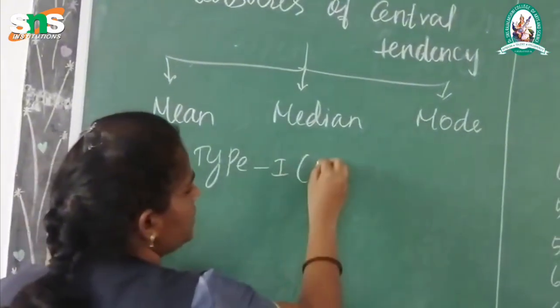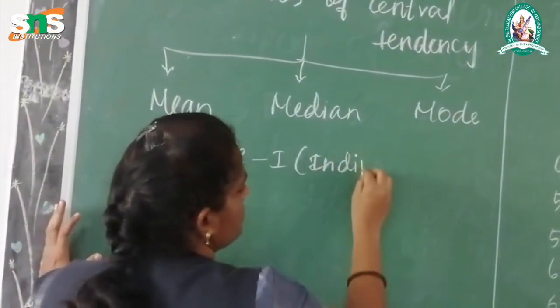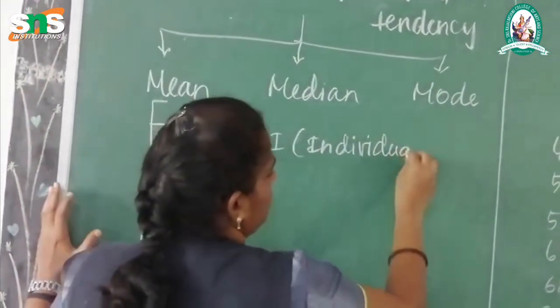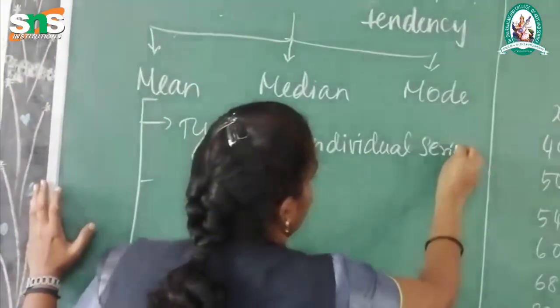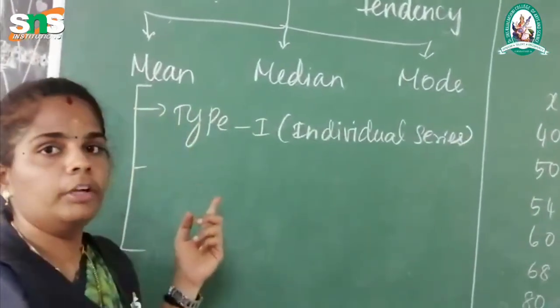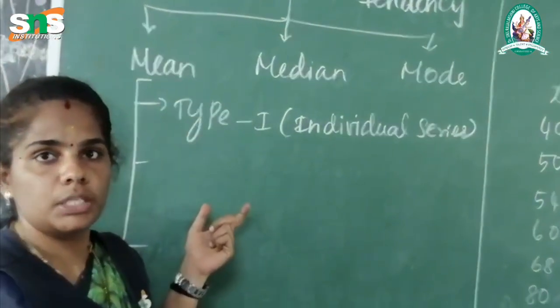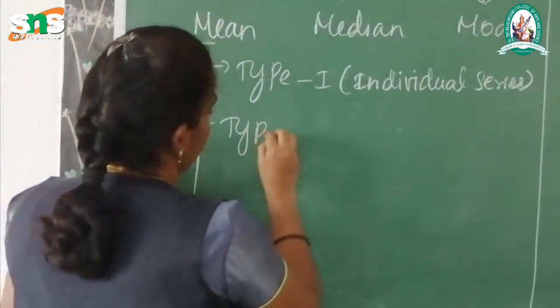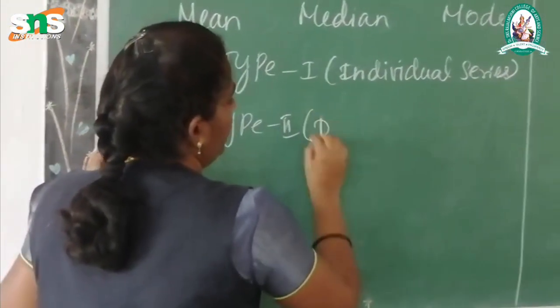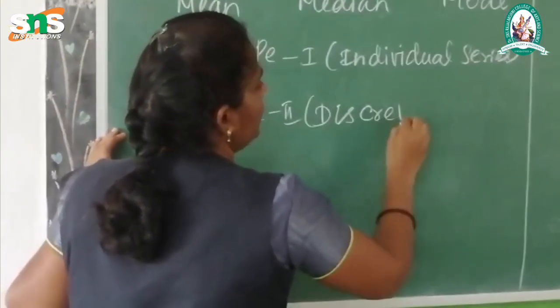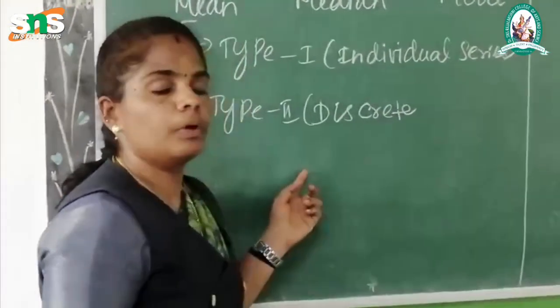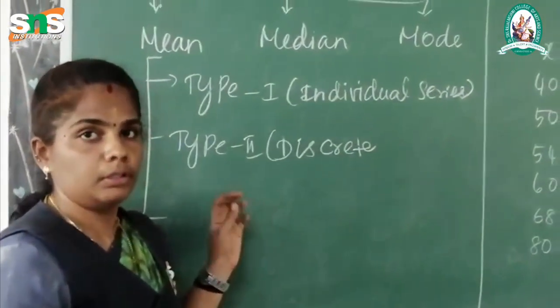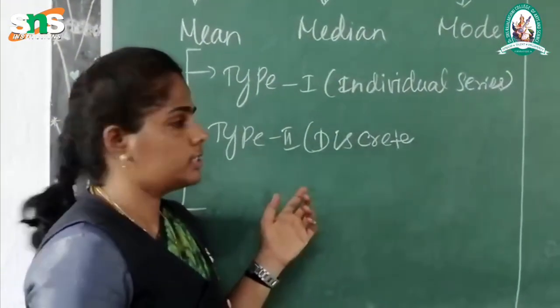Type 1 indicates the individual series. In type 1, we have only the individual set of series, that is individual set of data. In type 2, we have discrete set of data, that is, for example, marks in the class and the number of students.